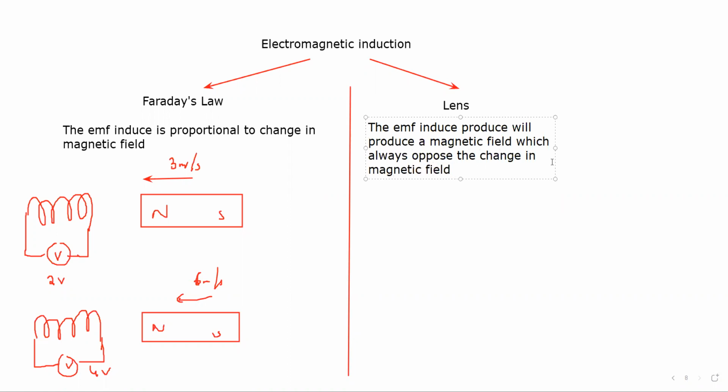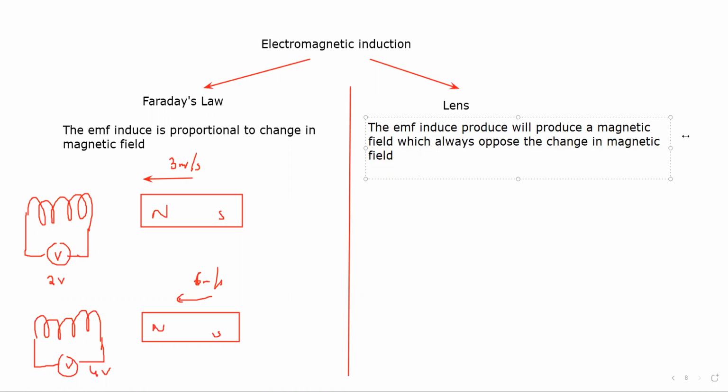So the EMF induced will produce a magnetic field which always opposes the change in magnetic field of a magnet.